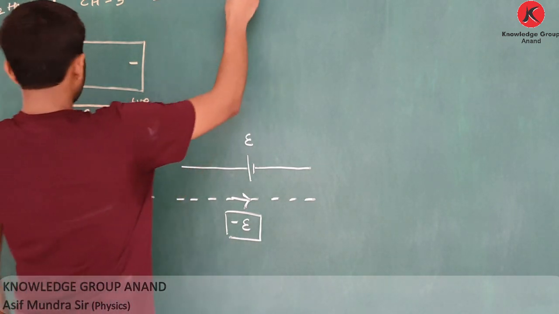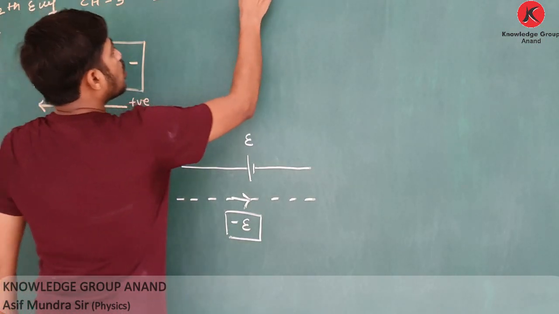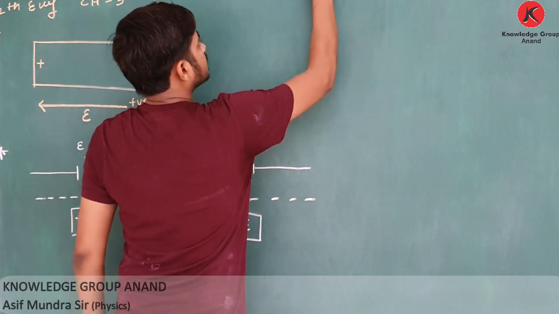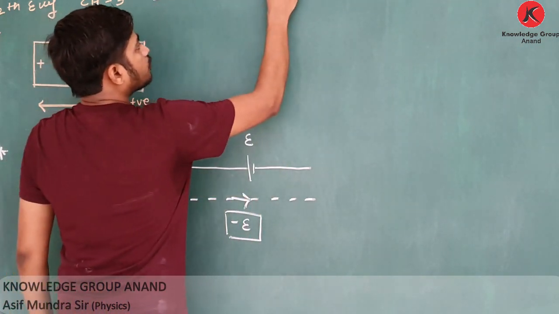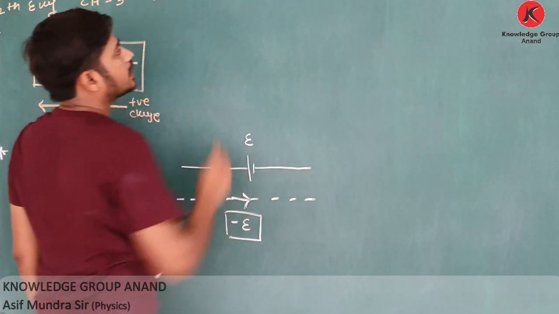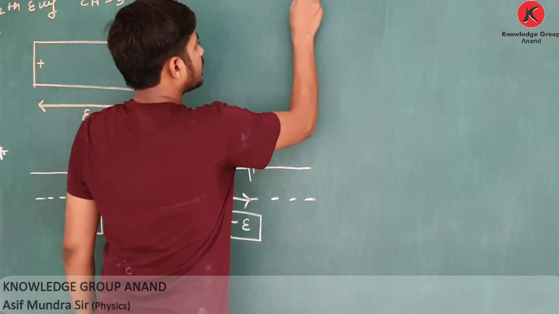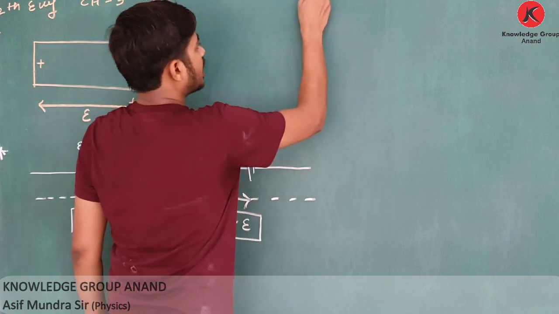Now about resistors. See, if I have one resistor like this, its resistance is R. The current flowing through it is I. Look, we have selected the path in this direction.